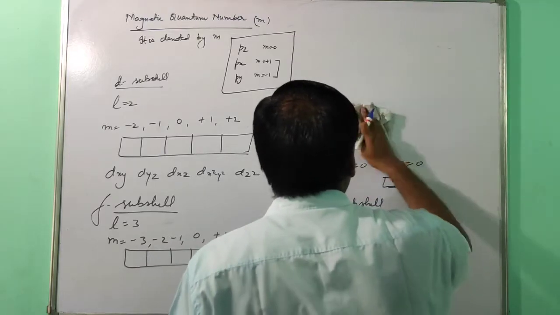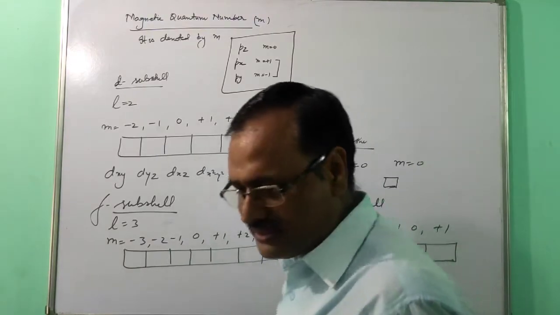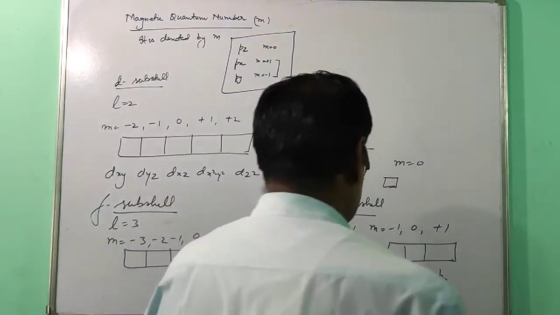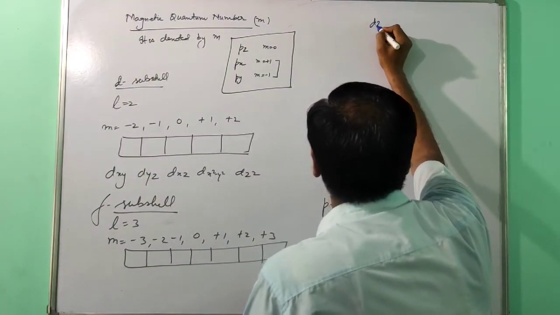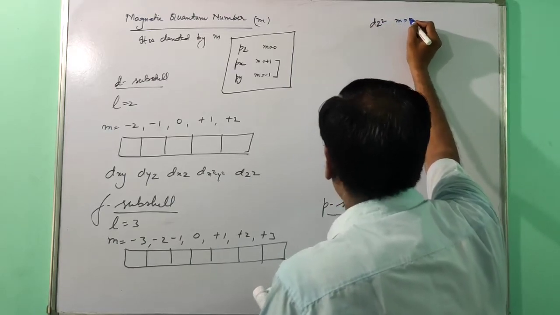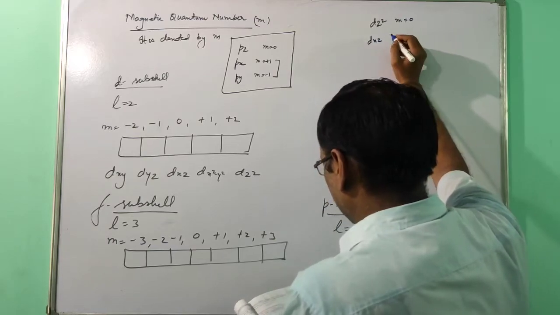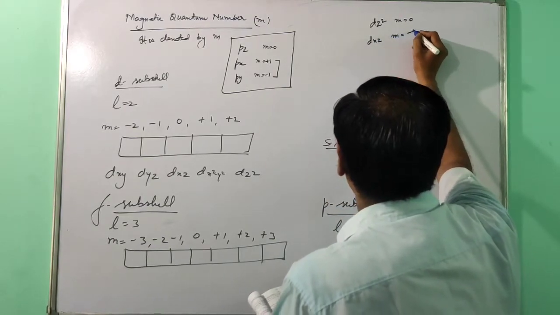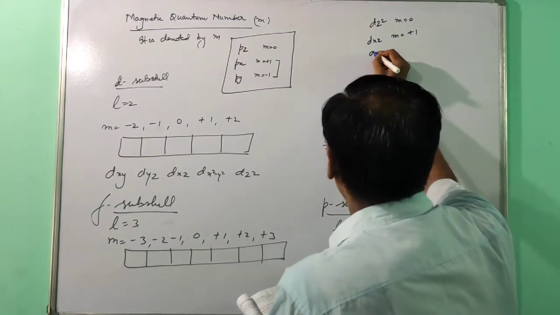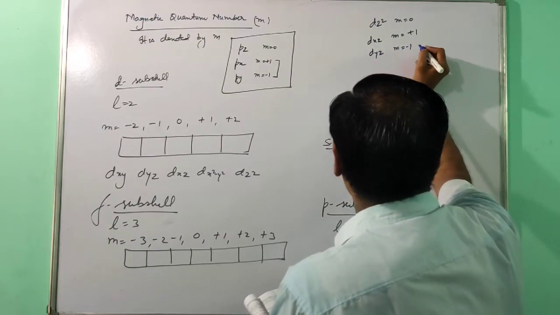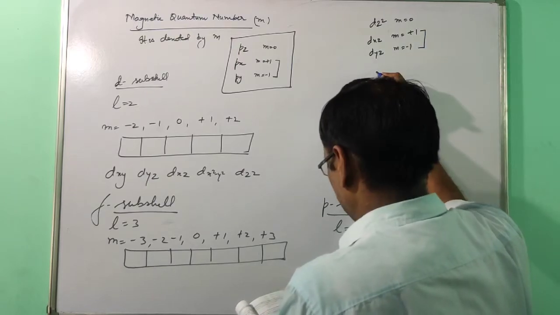In the same way, for d orbitals also, certain points are given, and you can note them down. Just see, for dz square, m is equal to 0. For dxz, m is equal to plus 1. For dyz, m is equal to minus 1. Both can be exchanged.